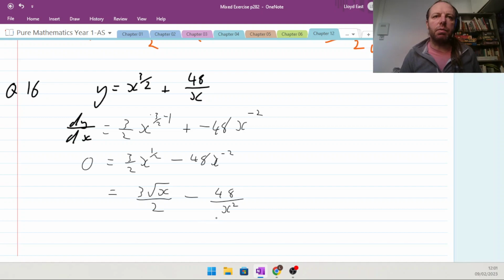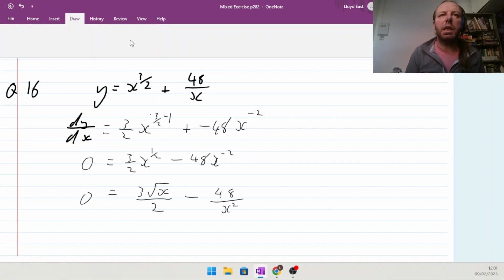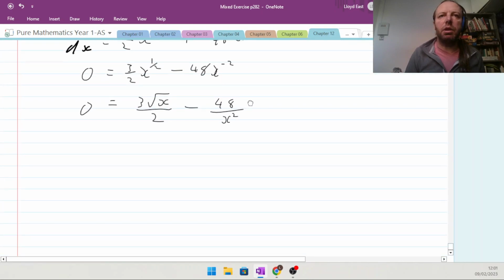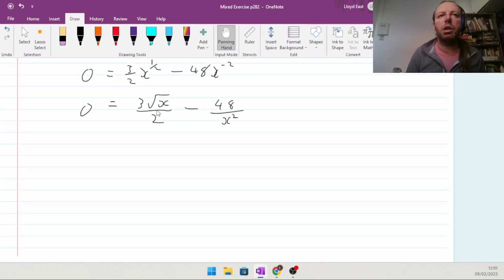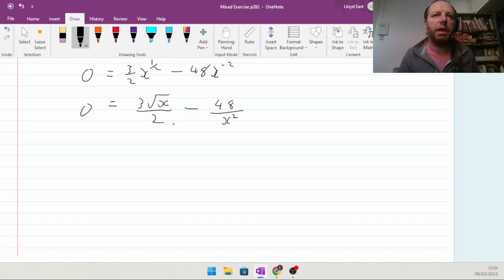I guess what we can do here is try and get x on its own, because we've got to solve for x. I think what we might do is change the denominators to a single 2x squared, and then we can try and multiply out from there.